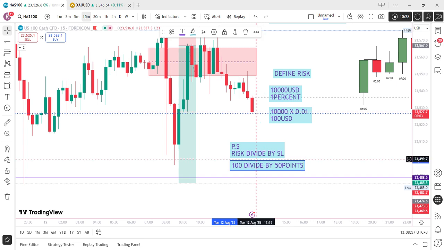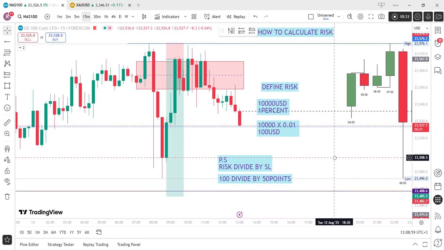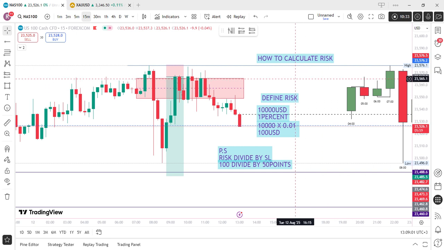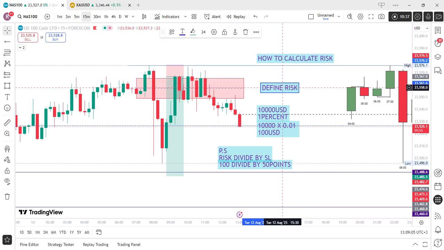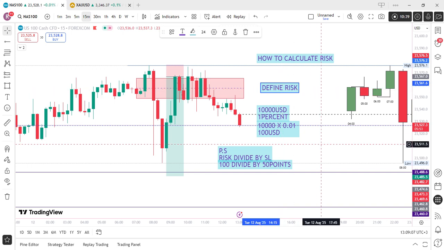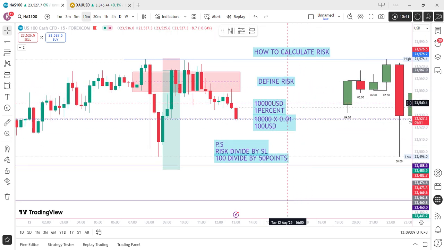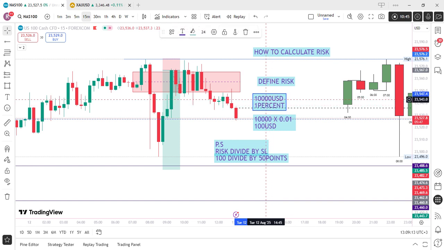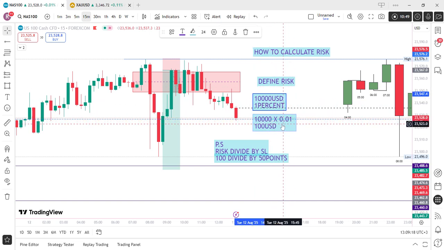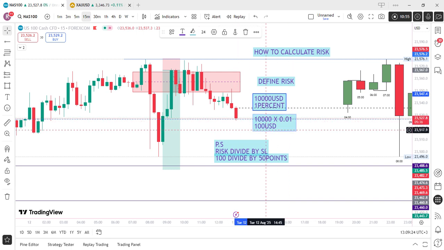If it's complicated, let me repeat it again, guys. First of all, we are defining risk. For example, we want to risk 1%, okay? Risking 1% of a 10,000 USD account, we take 10,000, which is the account size, and multiply by 0.01, which gives us $100.